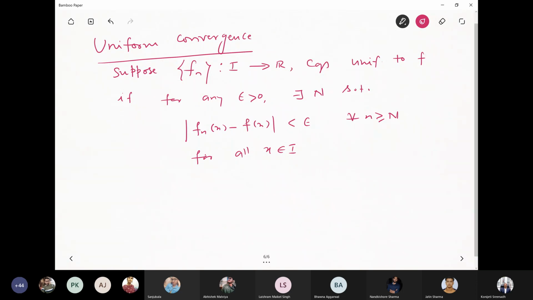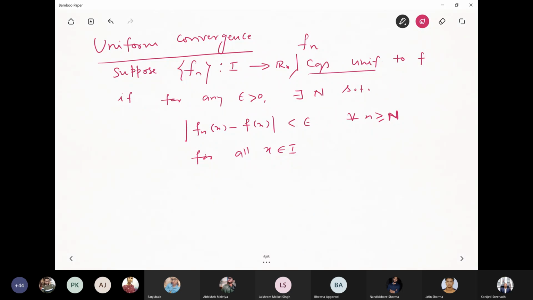We say f_n converges uniformly to f if for any epsilon greater than 0 there exists an N such that |f_n(x) - f(x)| is less than epsilon for all n greater than or equal to N, and this should happen for all x in I. The convergence is not just pointwise, it is also uniform. This N depends only on epsilon.